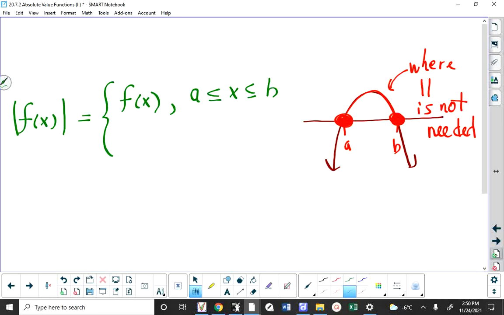Would you agree that the absolute value signs are required here? Okay, so we would have to take -1 times the function if x was less than a or x was greater than b.